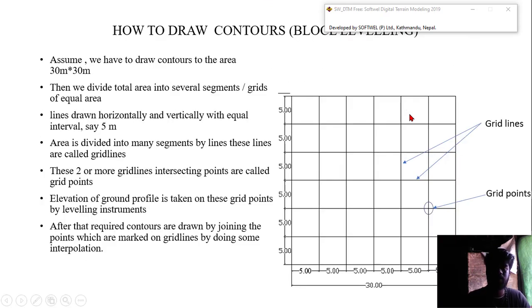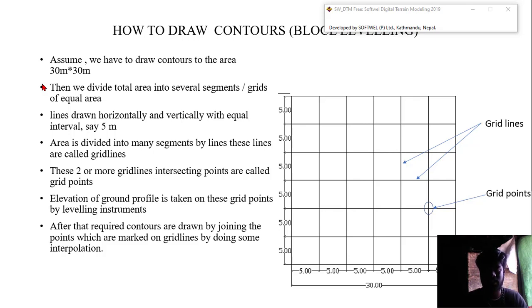Okay, so if you are drawing contours in an area of 30 by 30 meters, we are then going to divide that total area into a number of smaller areas. We are drawing grid lines and dividing the total area into small areas.